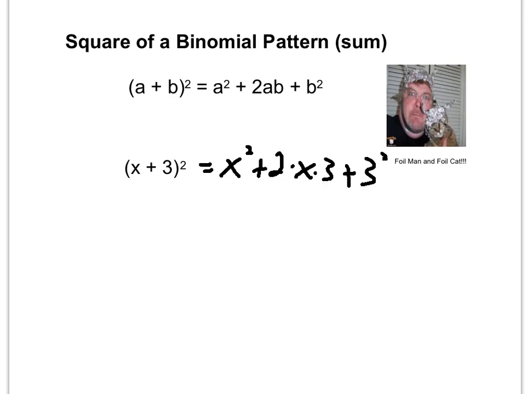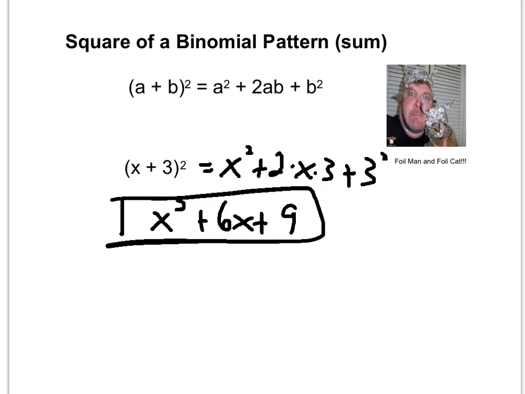The whole goal of this lesson is to get you to recognize these and make it mental math. So first term squared, that's x squared, plus 2 times x times 3, that's 6x, plus 3 squared, which is 9. Again, designed to do that mentally.